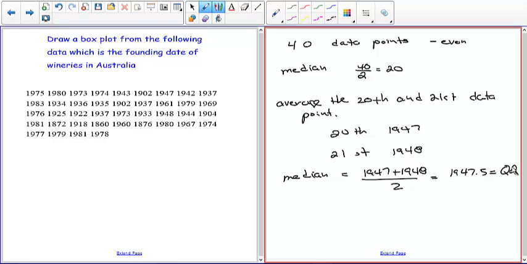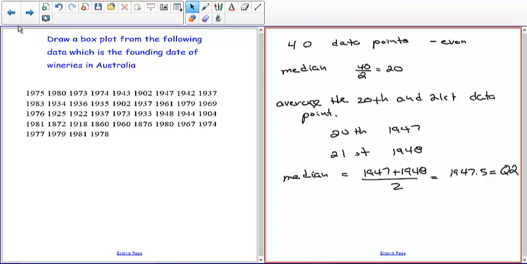It's that data point plus the next one. So there are 20 data points that are less than this, and there are 20 data points that are greater than that value. Okay. Now the next thing is to find the quartile.